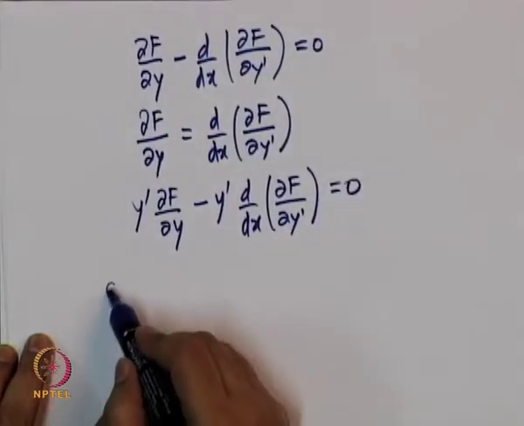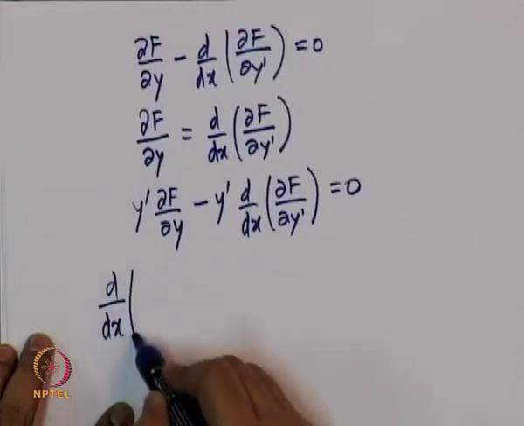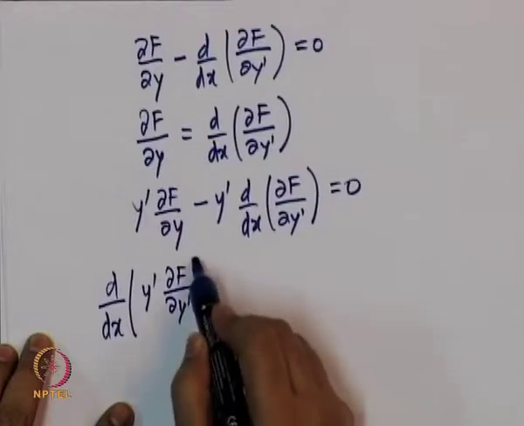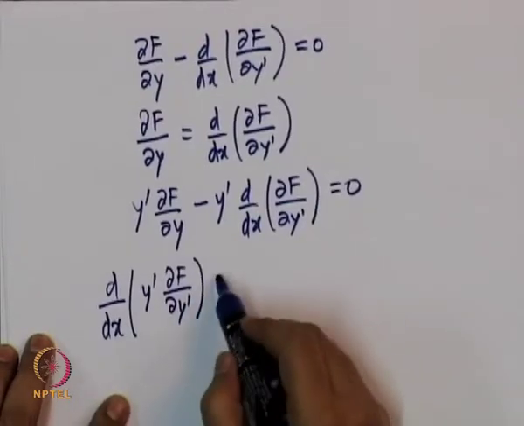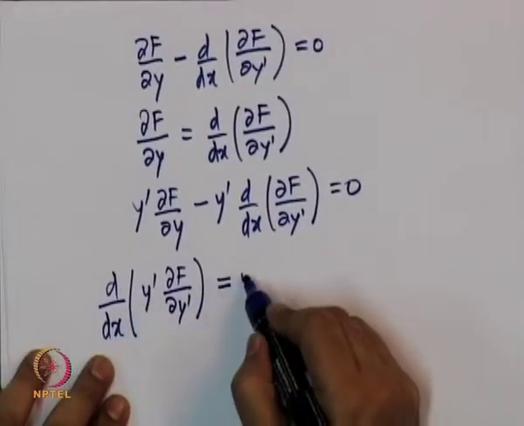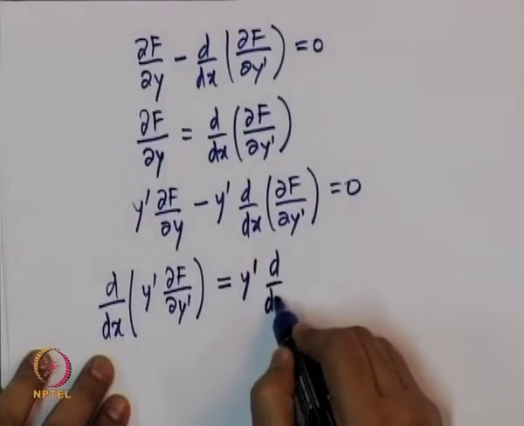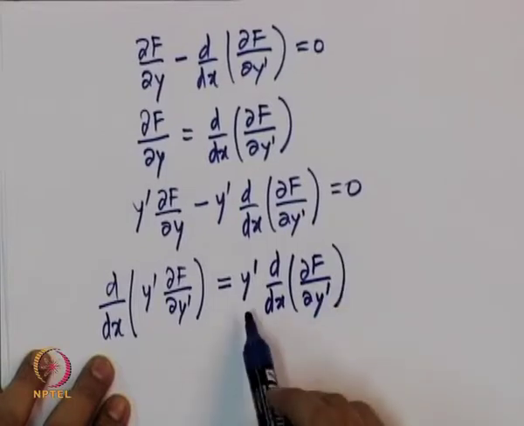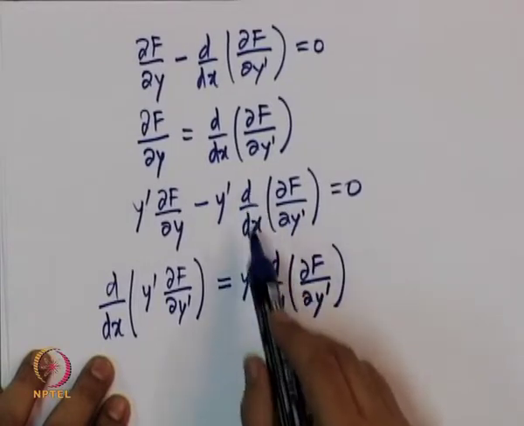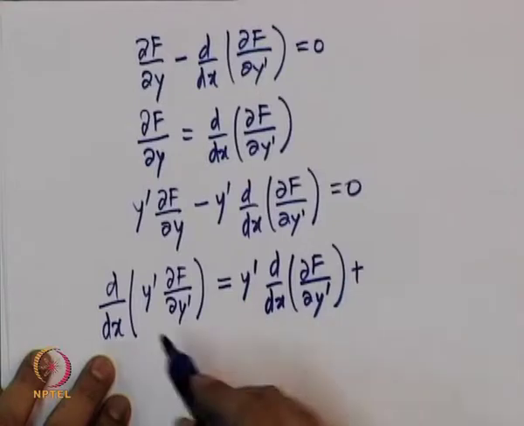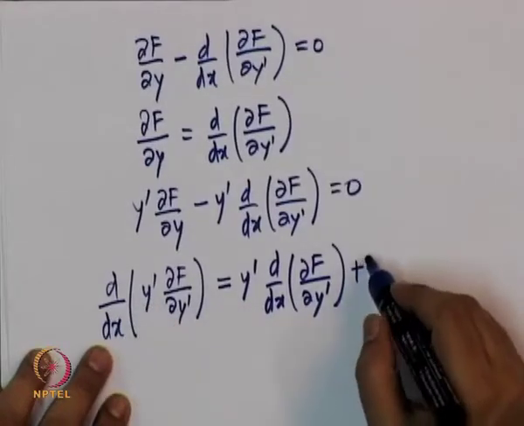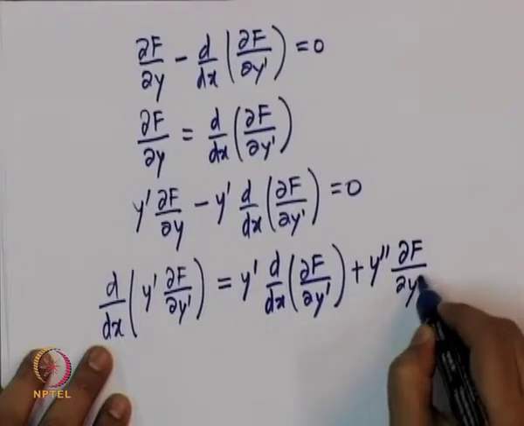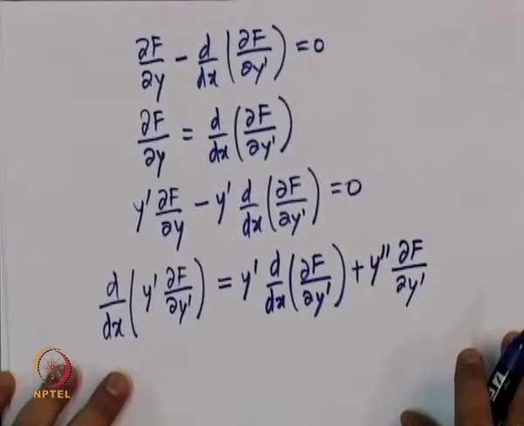Let me consider d/dx of y' ∂f/∂y'. That will be equal to y' d/dx of ∂f/∂y', that is the term we have here, plus there will be an extra term, that is y'' ∂f/∂y'. Okay.